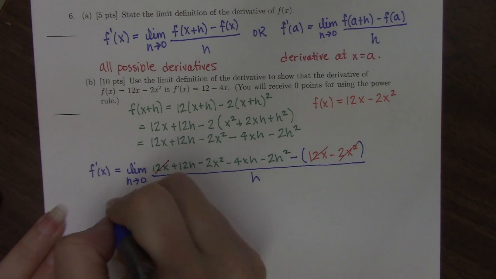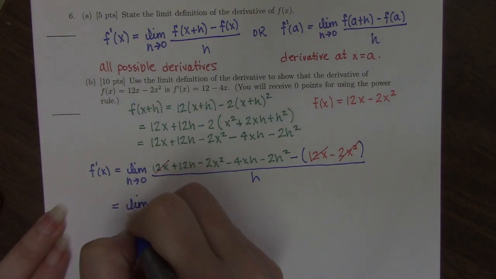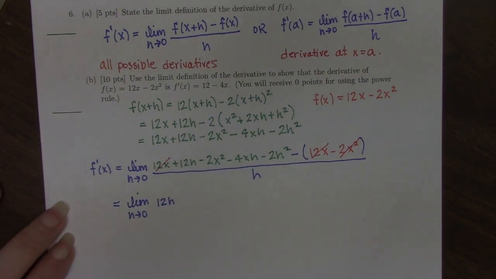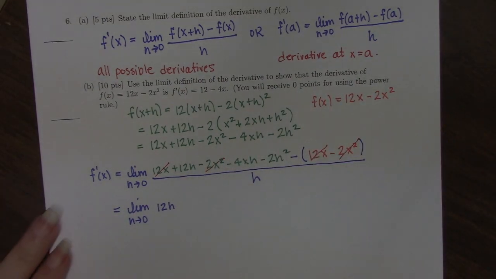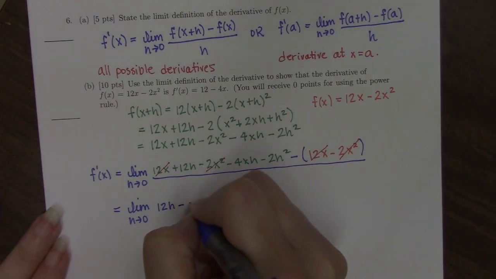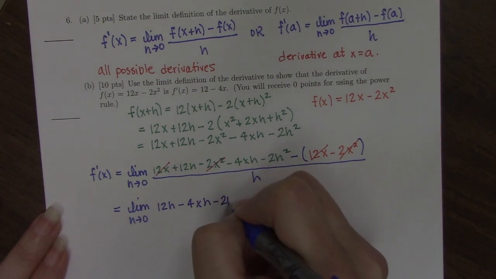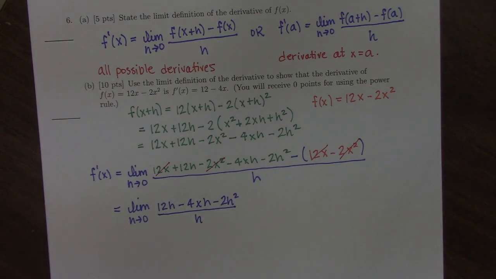And all I'm left with is the limit as h goes to 0 of 12h minus 4xh minus 2h squared all over h.